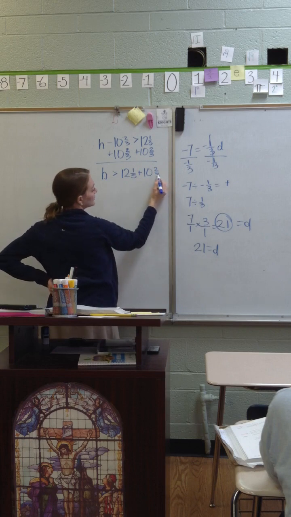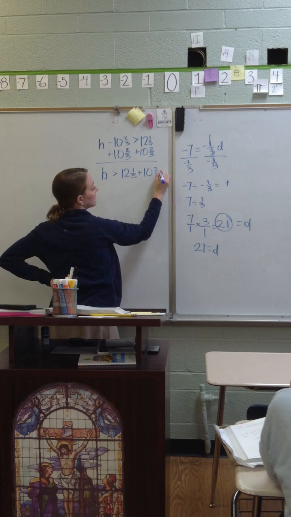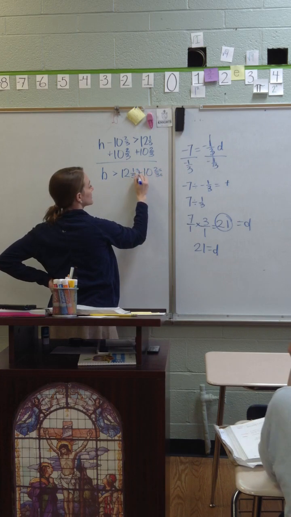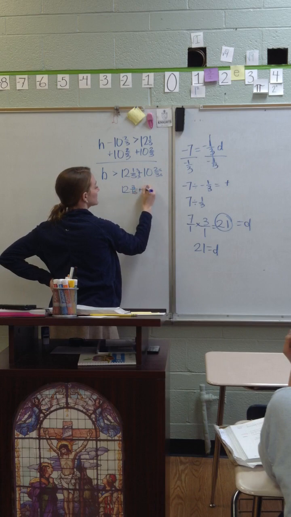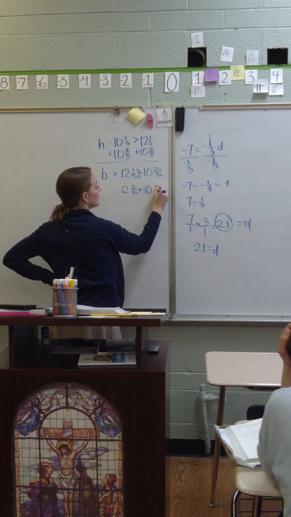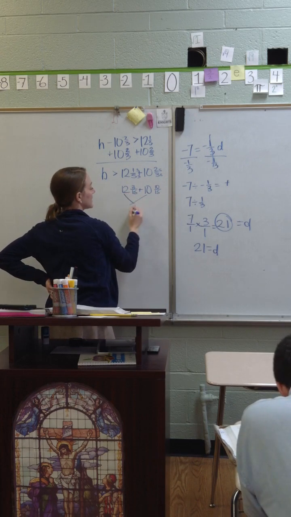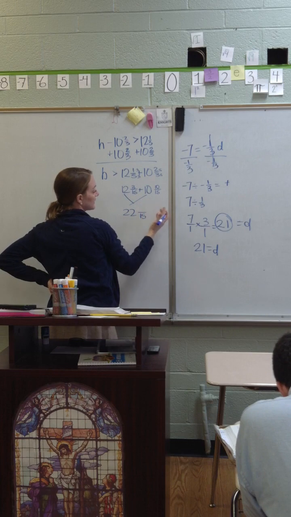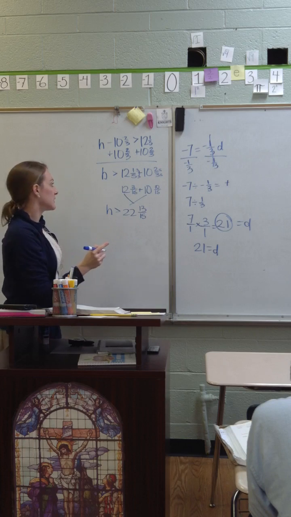Alright, I need to make a common denominator. So I'm going to multiply by 5, multiply by 5, multiply by 3, multiply by 3. So I have 12 and 3/15 plus 10 and 10/15. Make sense? So I'm going to add my 10 and my 12 and get 22. I have my denominator is 15 and my numerator is 13. So H is greater than 22 and 13/15.